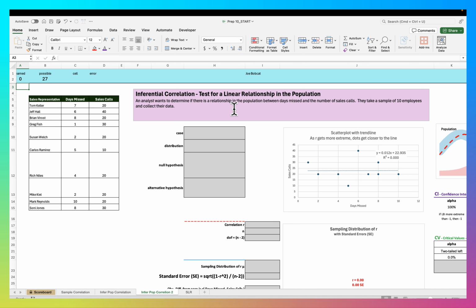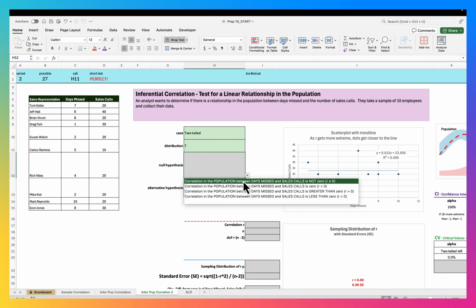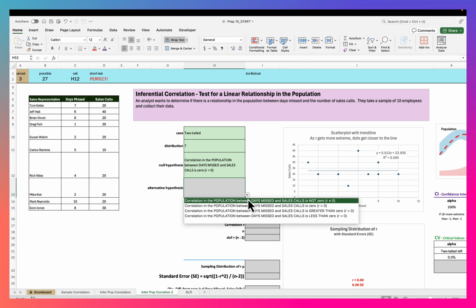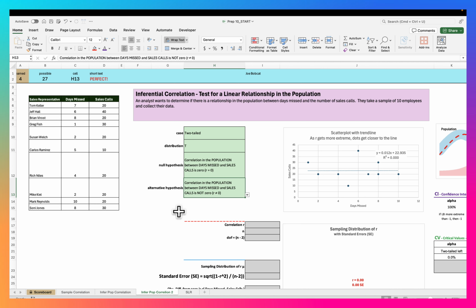They take a sample of 10 employees and collect their data. So the case is going to be two-tailed, because it always is. We have correlation. The distribution is T. Null hypothesis is that it's going to be a zero correlation, and the alternative would be not zero.